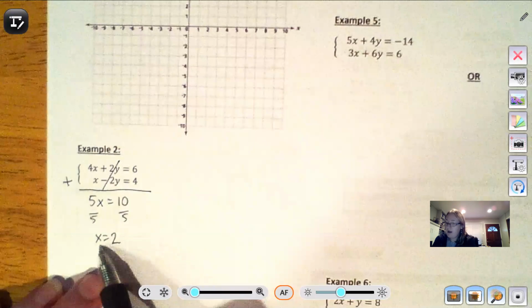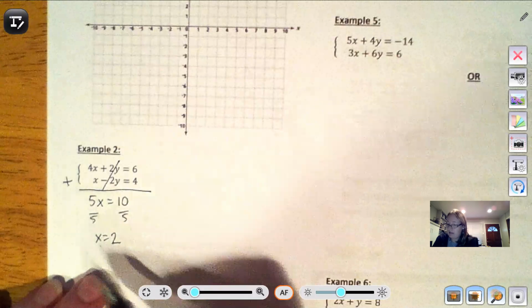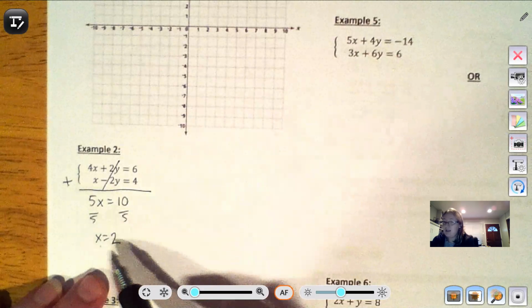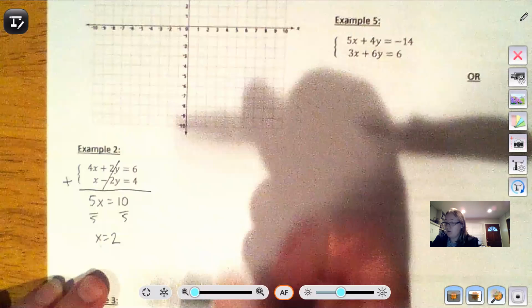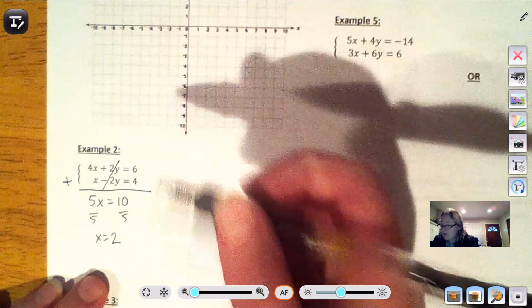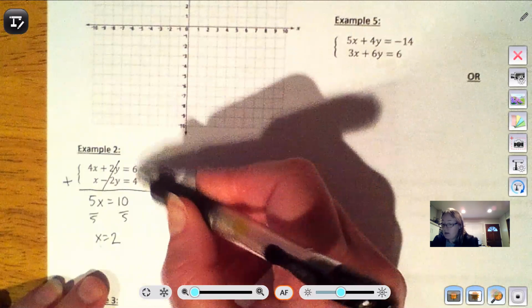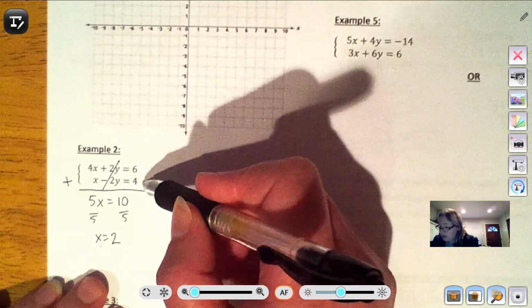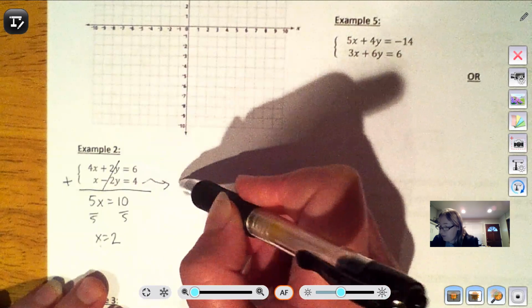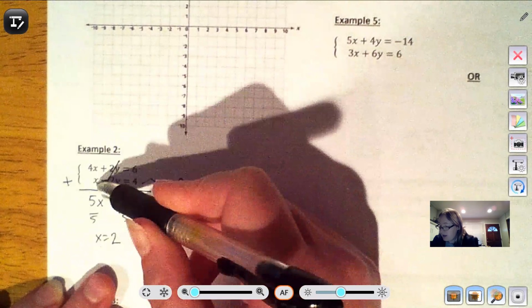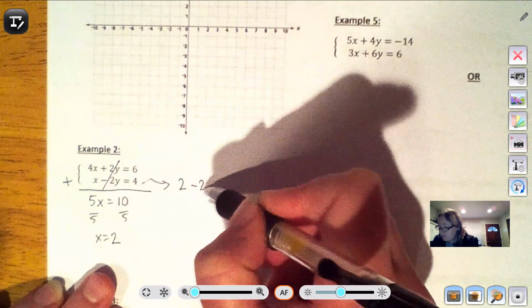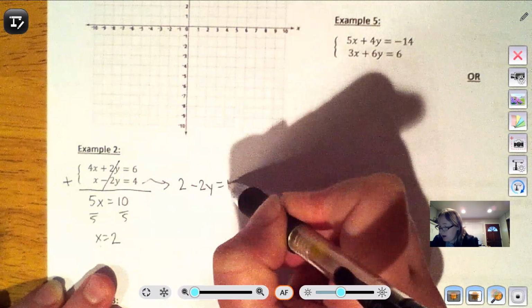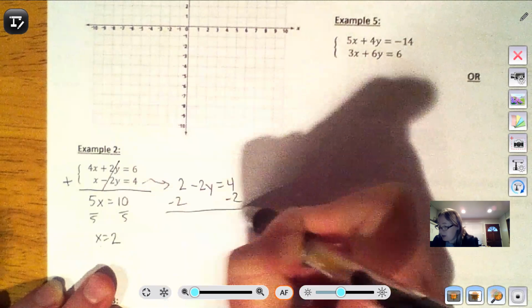So I know that I'm somewhere going to be having an x of 2. I need to find the y, though, that goes with it. So I go back to either one, because it has to work for either one of these. It has to work for both of them. So I go to the one that looks easier to me, and I plug it in for that variable. So I plug it in for the x. And so I can solve for the corresponding y value.